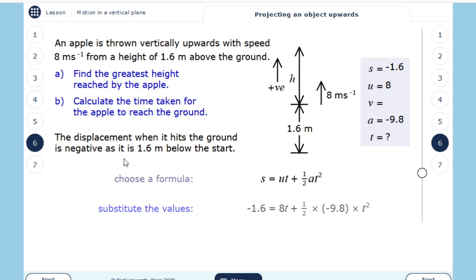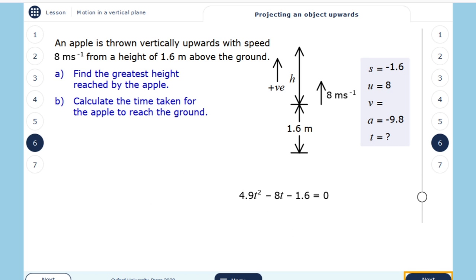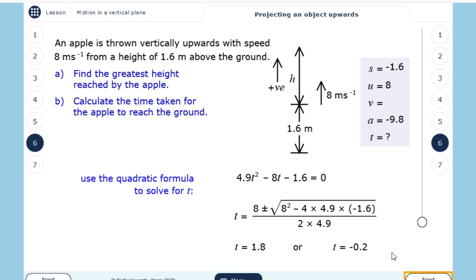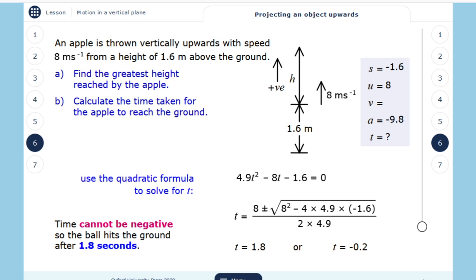Now, which formula will I choose for my second question? S equals initial speed times t plus 1/2 a t squared. If I solve it, I will find that t appears 2 times. The negative is cancelled, so basically it's 1.8 seconds.